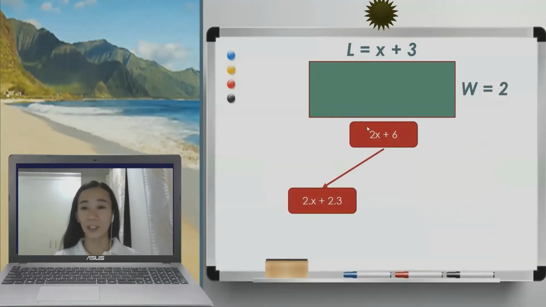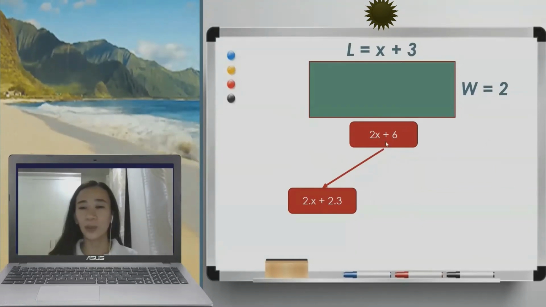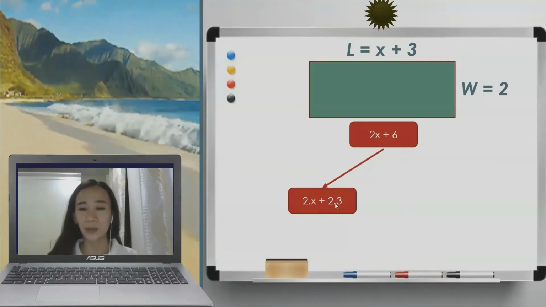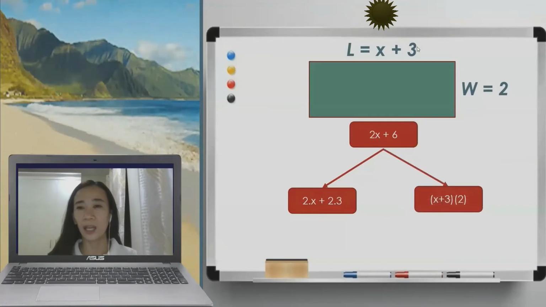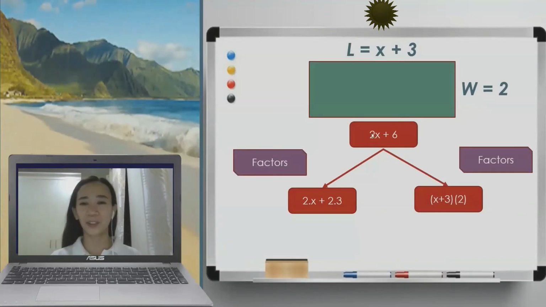So, we have here 2x plus 6, and the factors of 2x plus 6 are, how did we get 2x plus 6? That is 2 times x plus 2 times 3, or the length times width, which is x plus 3 times 2. The factors of 2x are 2 and x. The factors of 6 are 2 and 3.